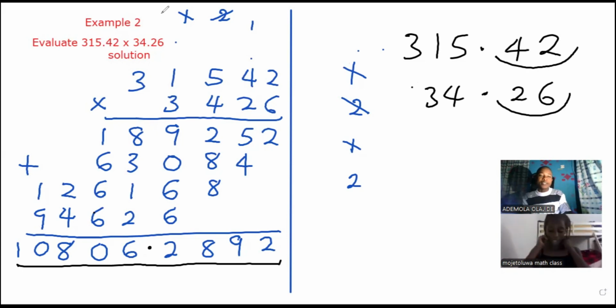We want to multiply 315.42 times 34.26. So what do we do? How do we start?